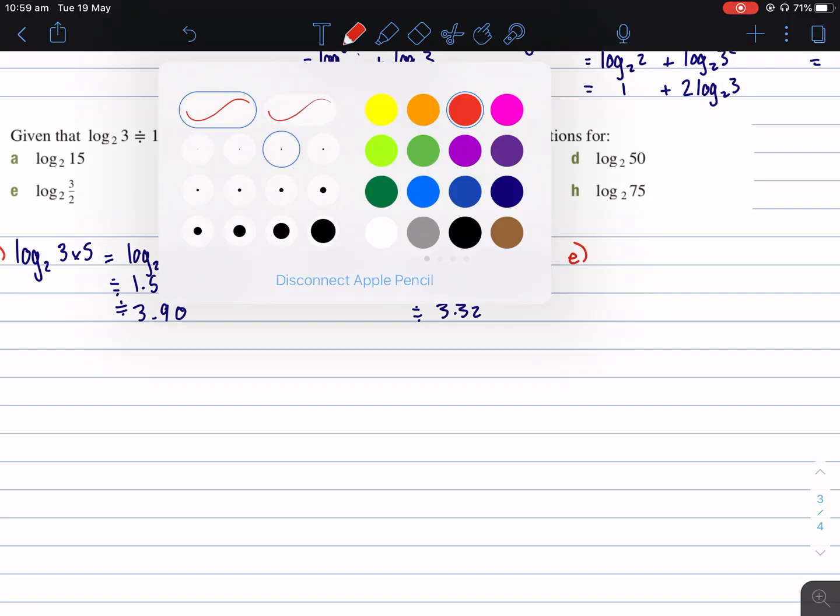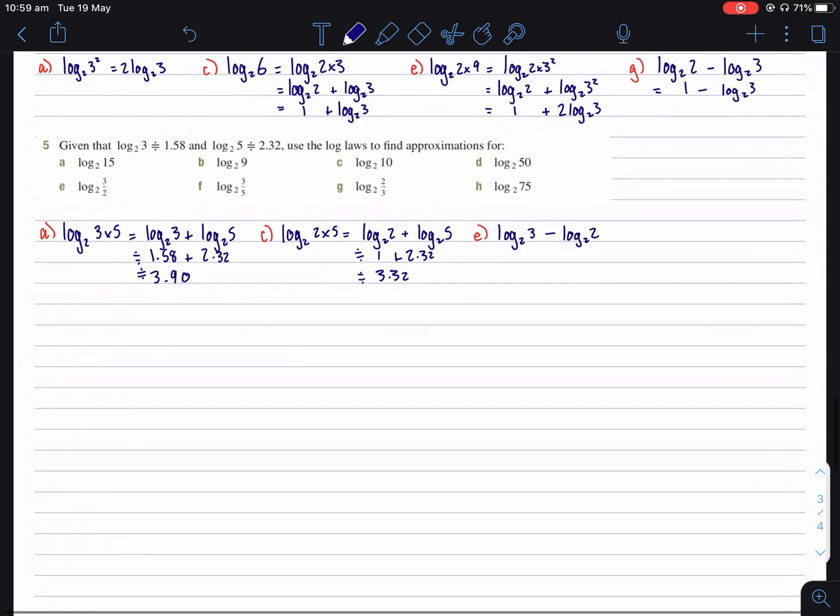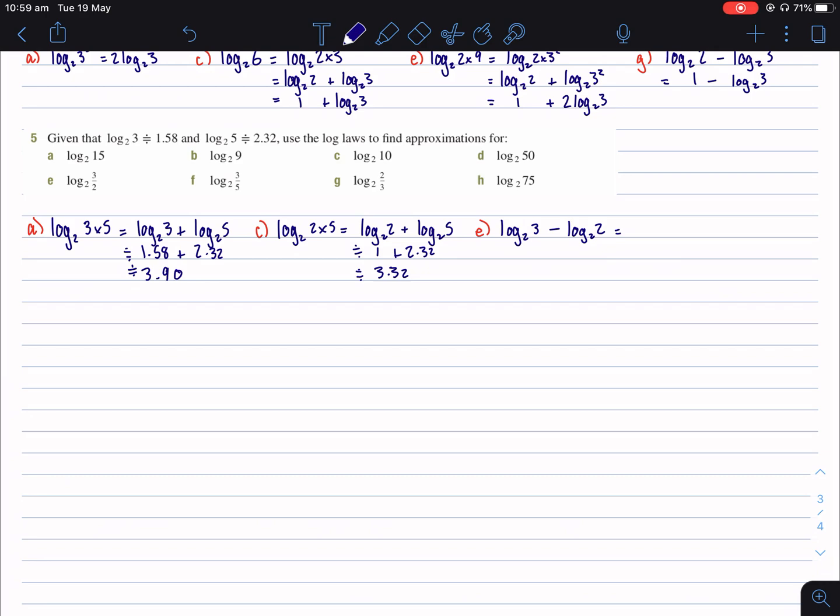Question E, we've got log base 2 of 3 over 2, so that's log base 2 of 3 minus log base 2 of 2, which means we've got log base 2 of 3 is approximately 1.58 minus log base 2 of 2 is 1, so it's approximately 0.58.